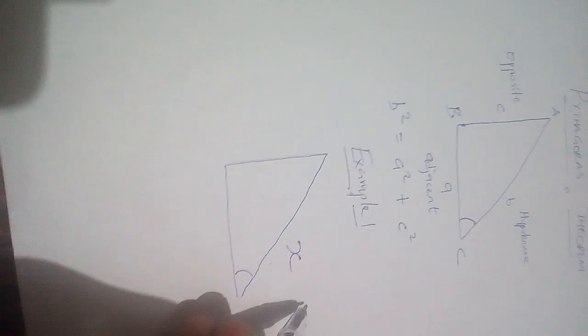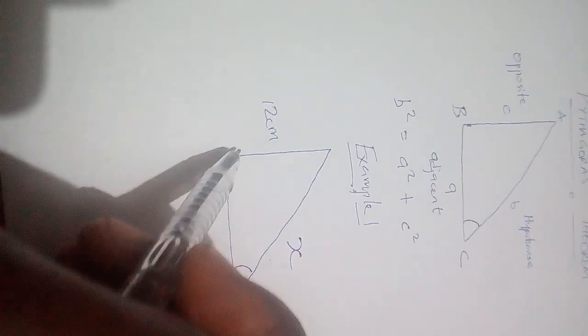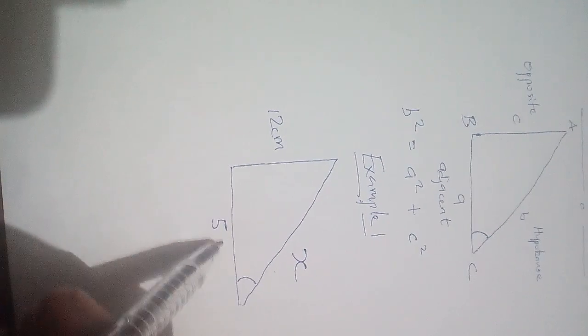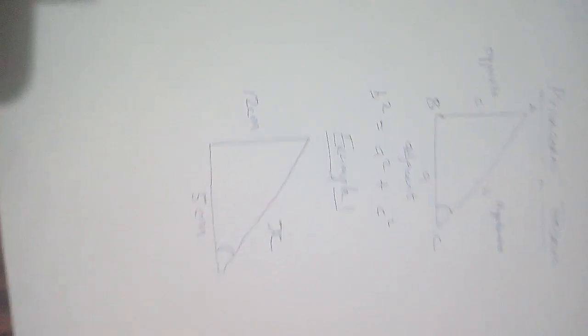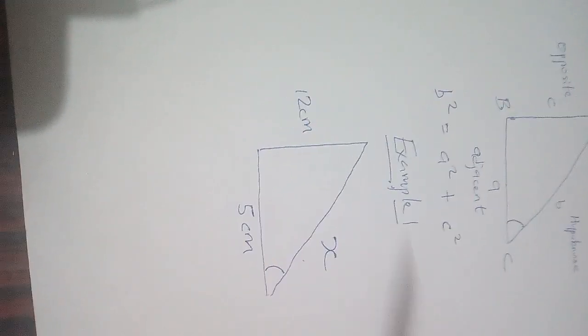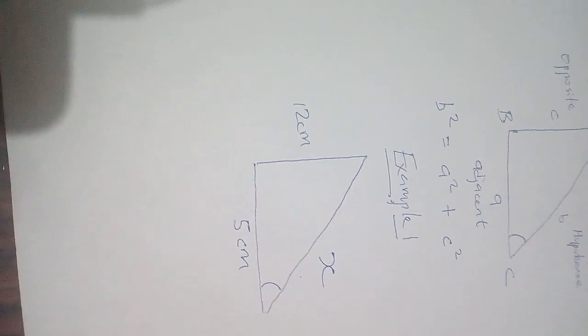This is the given angle. 12 cm is for this side, and underneath we have 5 cm. Now looking at this, which is the long side? Obviously this is a long side, so this is our hypotenuse.